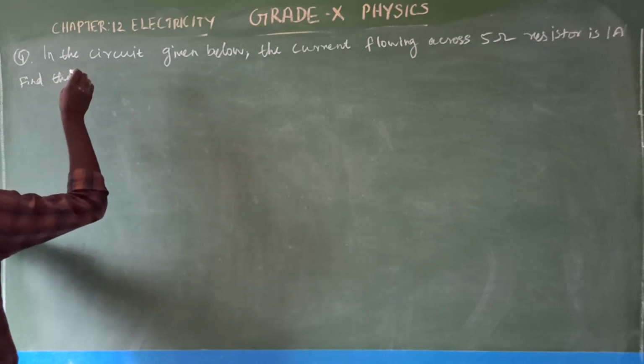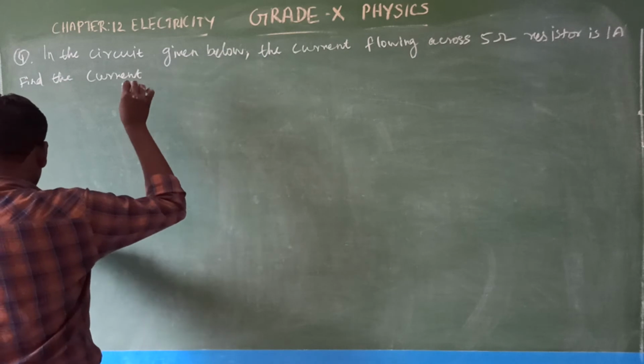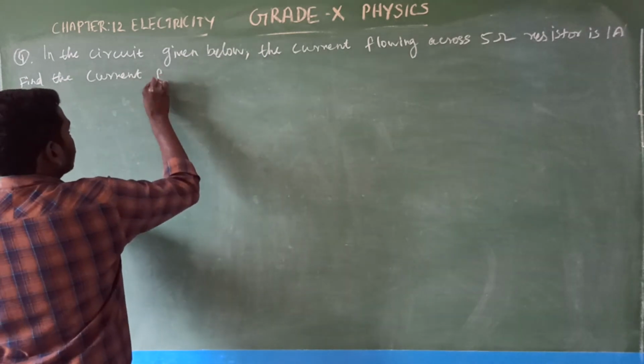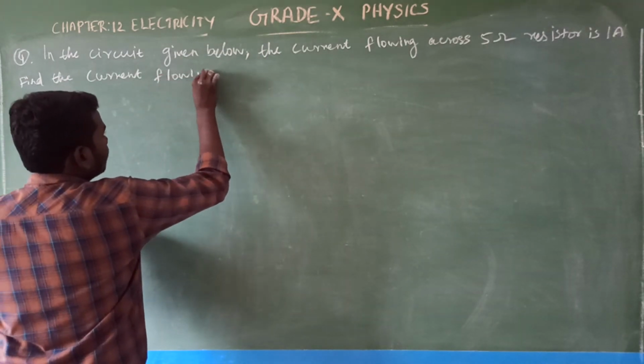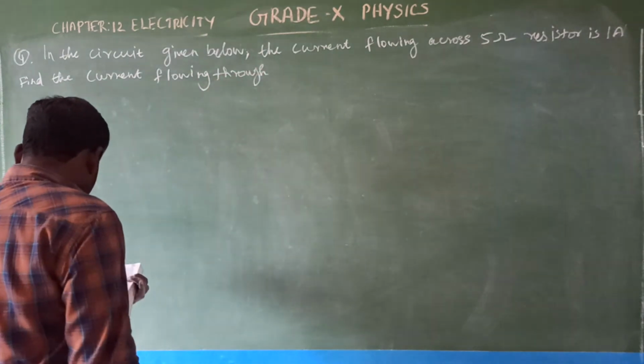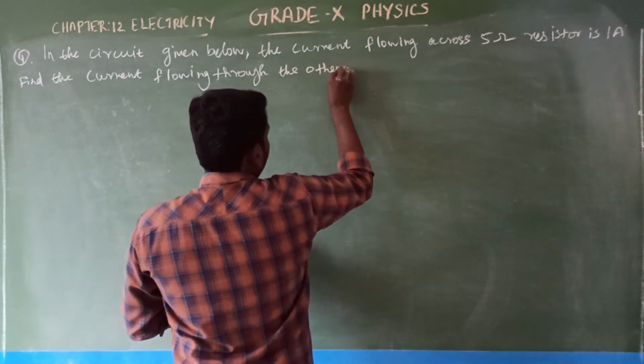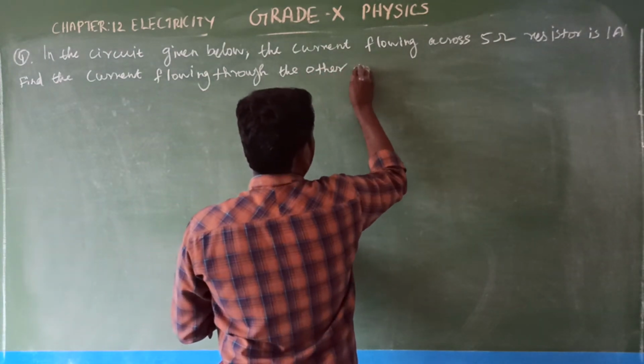Find the current flowing through the other two resistors.